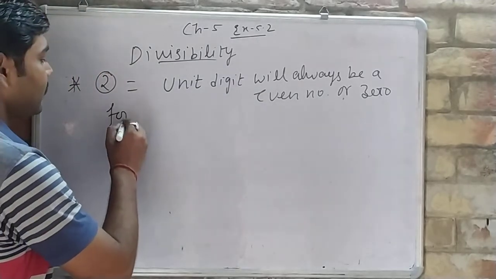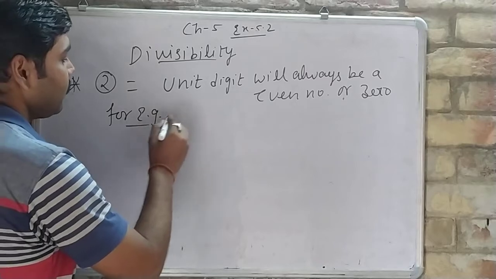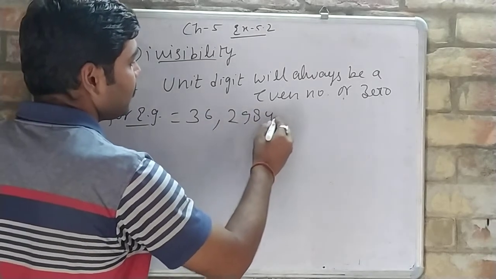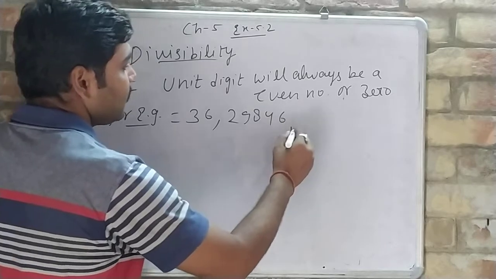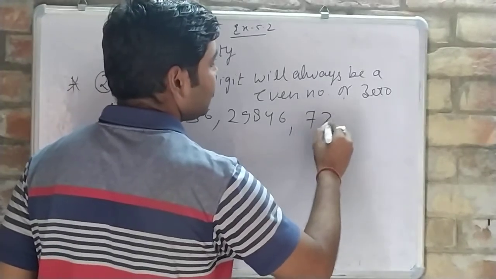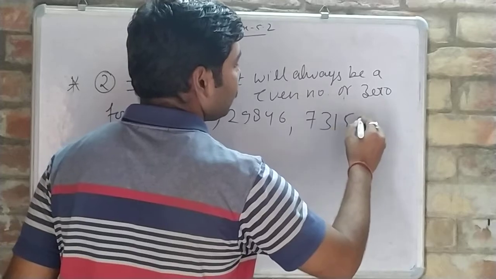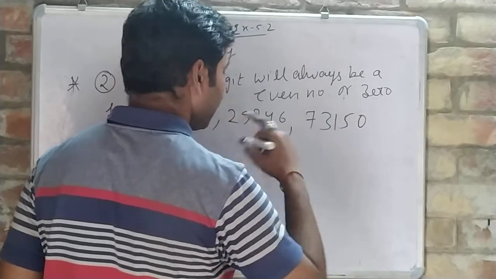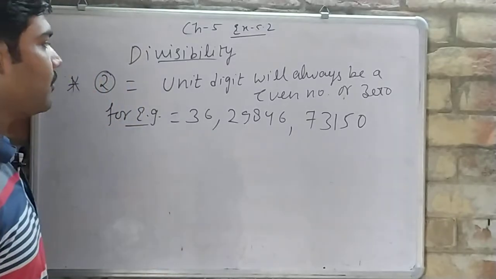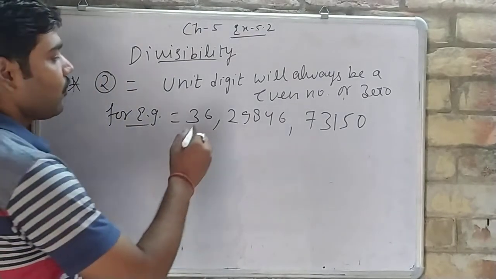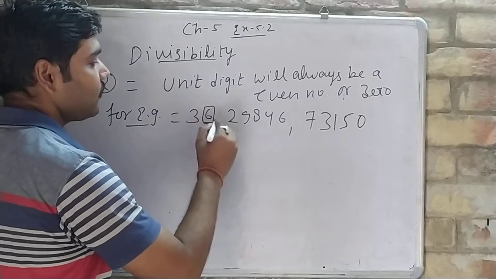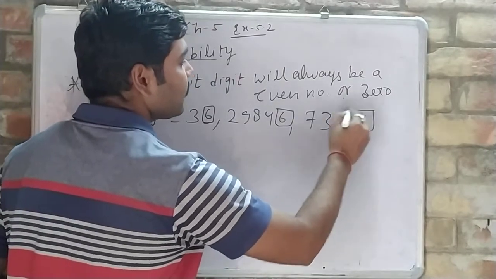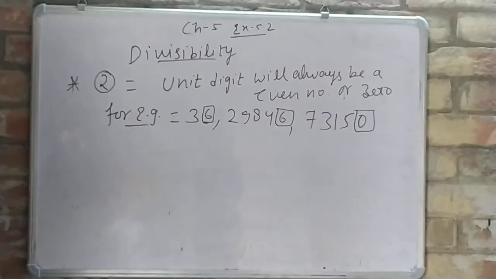For example, we will take 36, 298, 46, 3773, 15, then suppose 0. So all these are examples of divisibility of 2. Why? Because in unit place we will have even numbers or 0, so these are divisible by 2.